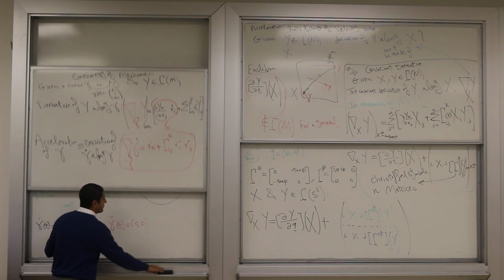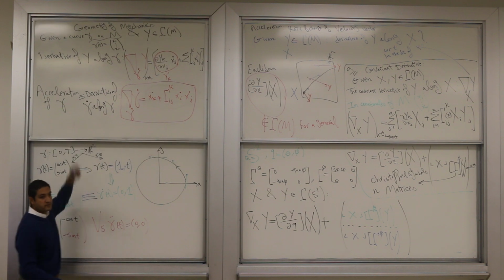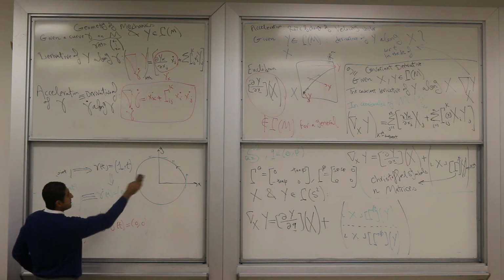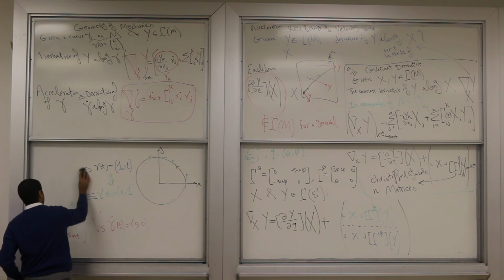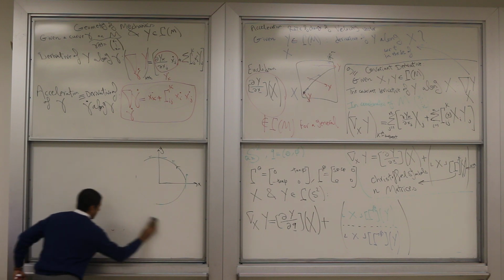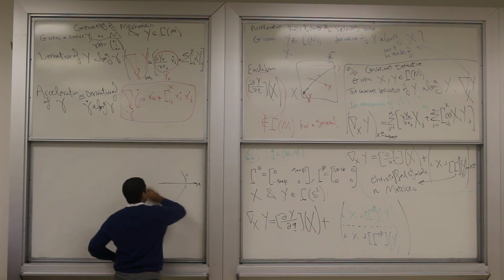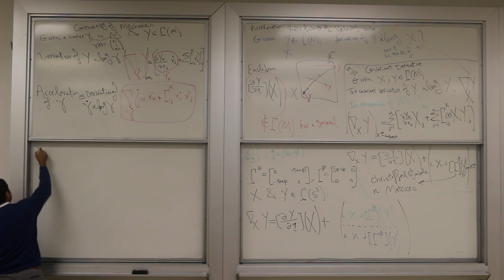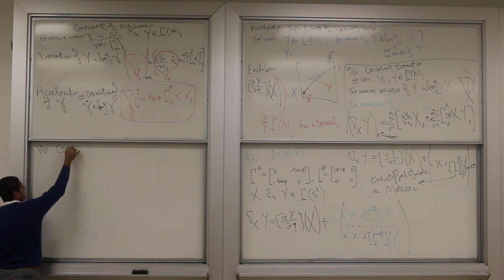And I'm ready to define the straight line. This will be our 10th word. The straight line, we give it a name in differential geometry: it's called a geodesic.